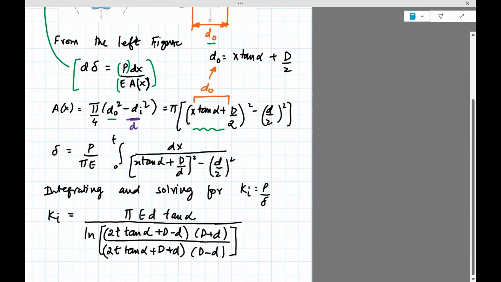It's a complex integral. I don't want you to do it. But what comes out of this is Ki, which is the ratio of P divided by delta. So you need to divide this and figure out what Ki is. Here, Ki is P divided by delta. It comes out to be this very complicated looking expression: pi E D tan alpha, and this is the natural log.